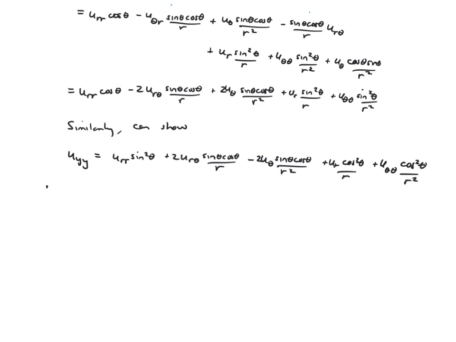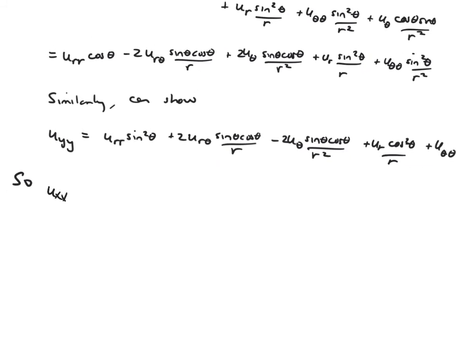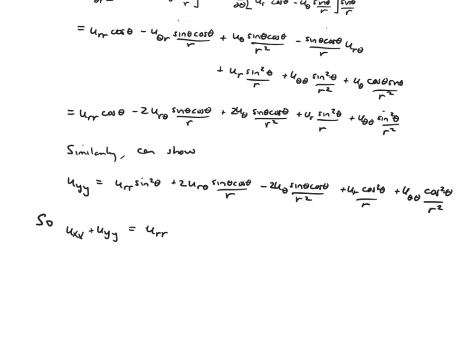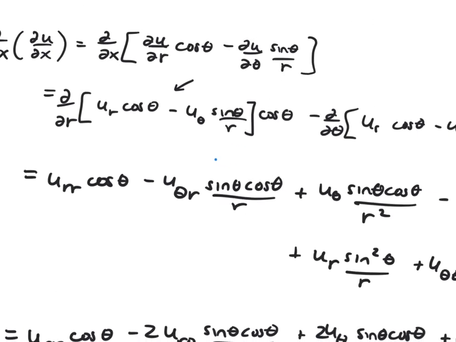When I join them together, u sub xx plus u sub yy, and factor out a few common terms, you end up with u sub r. And I'm realizing I forgot a... Yep, look at this fella up here.